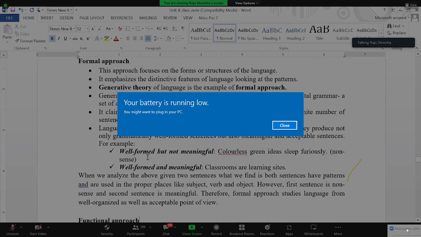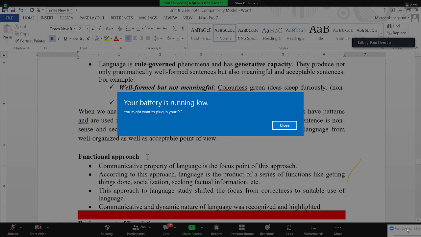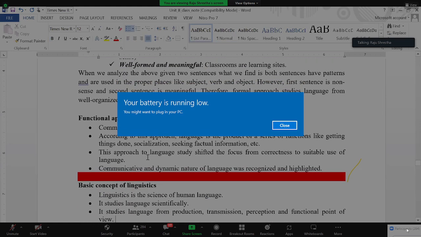Then a functional approach can also be used. Like language has communicative property, and this should be focused. According to this approach, language is the product of a series of functions like getting things done, socialization, seeking factual information. अथवा यसलाई अझै यसरी भन्दा पनि हुन्छ. सिधै यो चाहिँ कम्युनिकेटिभ फंक्सन हो हैन. ल्याङ्ग्वेज फंक्सन भन्दा पनि यो communicative functions.